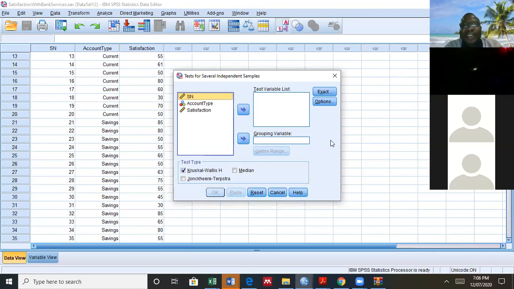Now put the test variable as satisfaction. The group variable is account type.